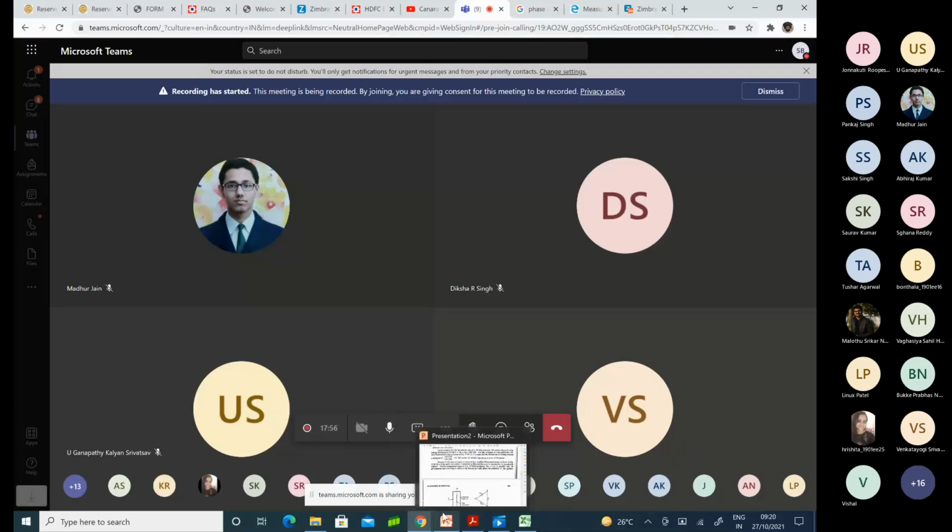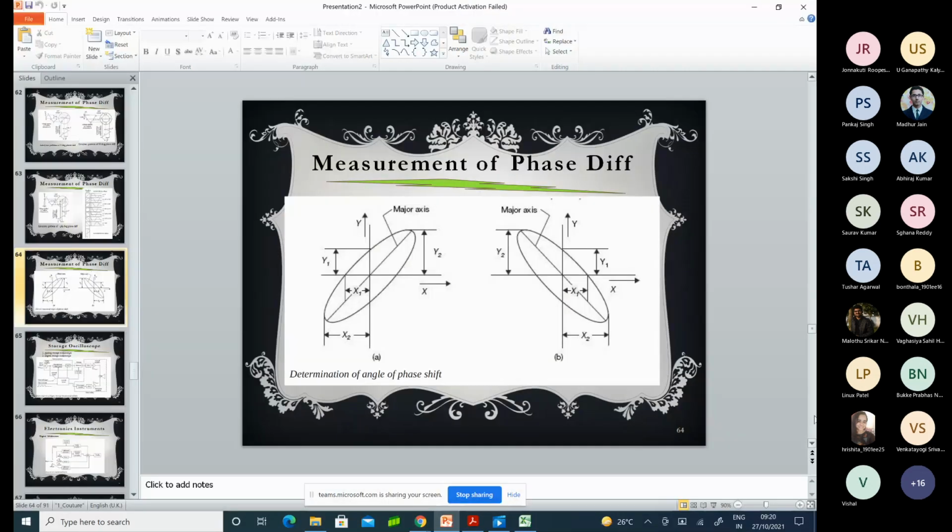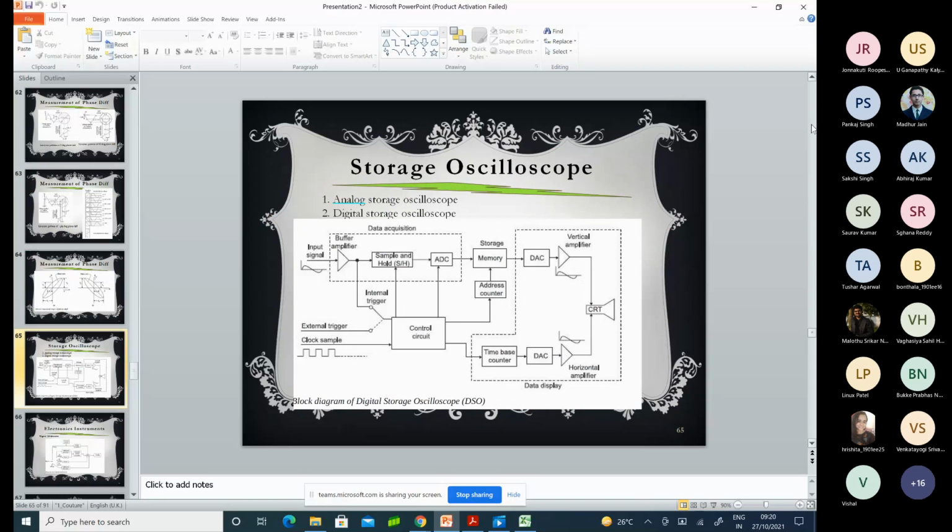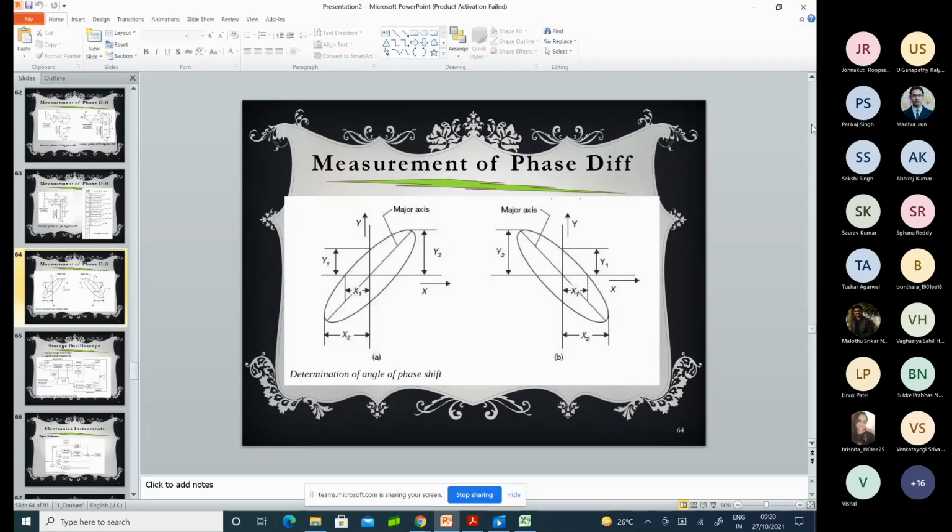So basically what we did, we finished the CRO. It takes a lot of time. Two classes it takes, but still we considered the CRO in every detail. We considered construction, what we can measure, what we cannot measure, everything.